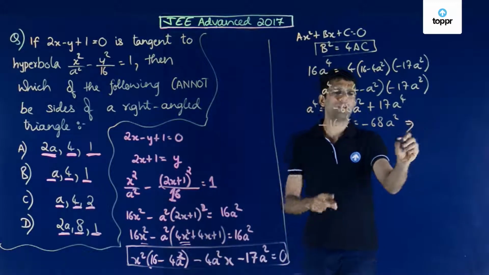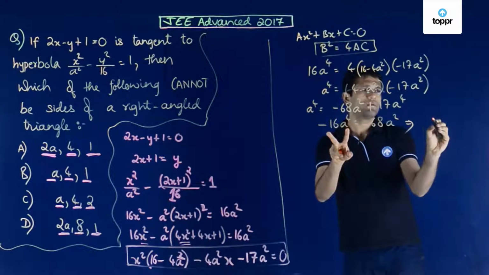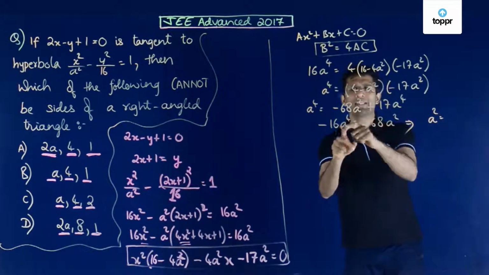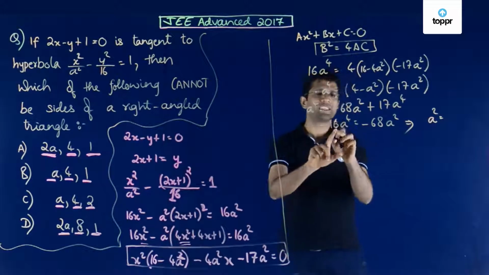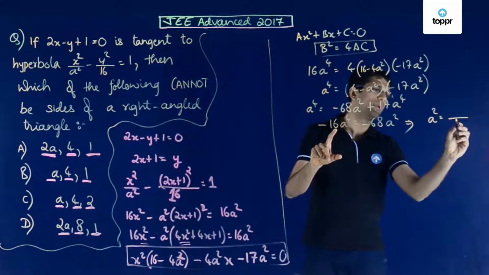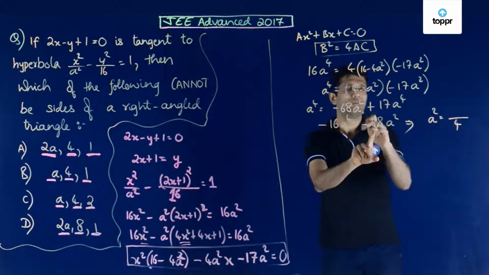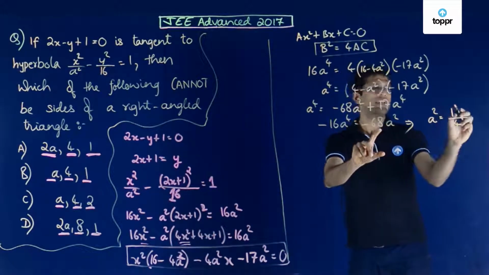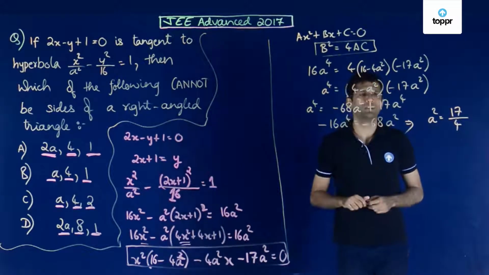Now this will further imply that because a square is not equal to 0, we can now write a square is therefore equal to 68 by 16. Now if we divide 16 by 4, we get a 4 in the denominator, and if we divide 68 by 4, we get 4 ones are 4, that is 1 here, and then we get 7 here. So we get 17 upon 4 as the value of a square.